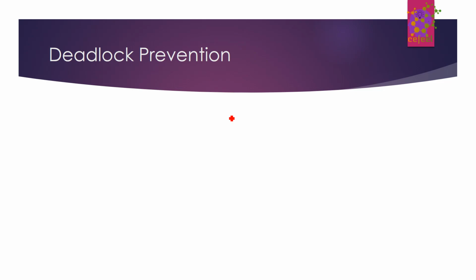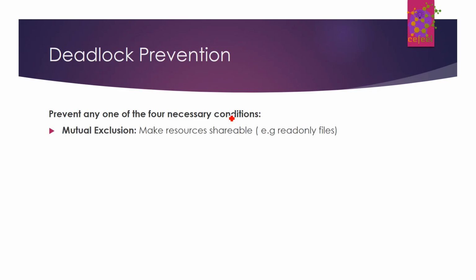First is deadlock prevention. As we have already discussed, the prevention technique uses the fact that we just have to break one of the 4 necessary conditions which exist when there is a deadlock. So the first is mutual exclusion.